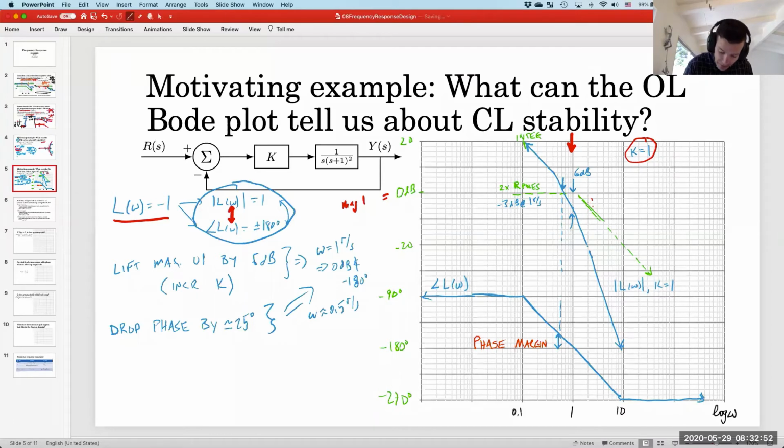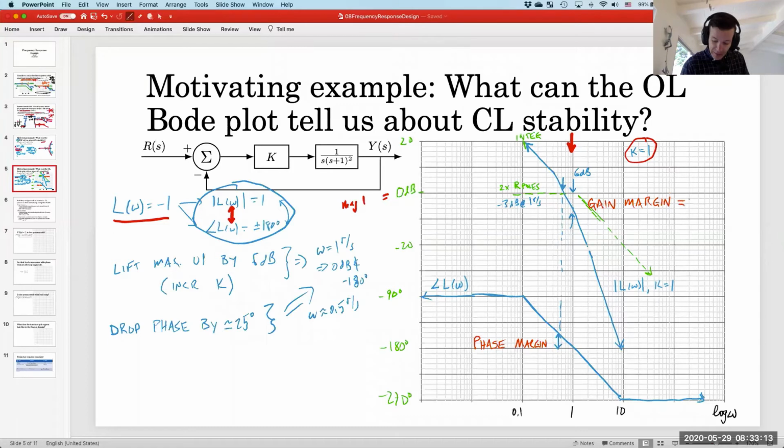Analogously, this is the gain margin. And it is, in English, the amount of gain we could afford to add before we get the same condition, a 0 dB and a 180 degree crossing at the same frequency.